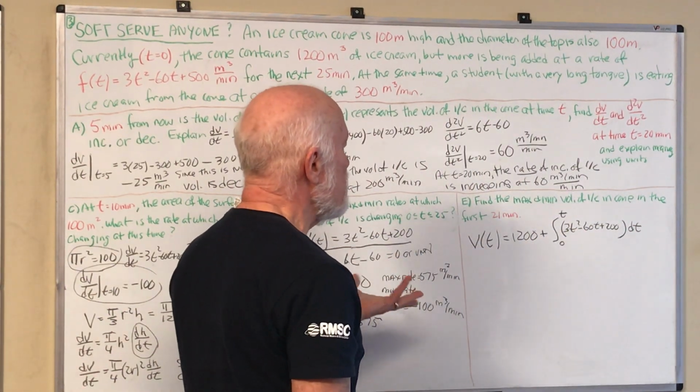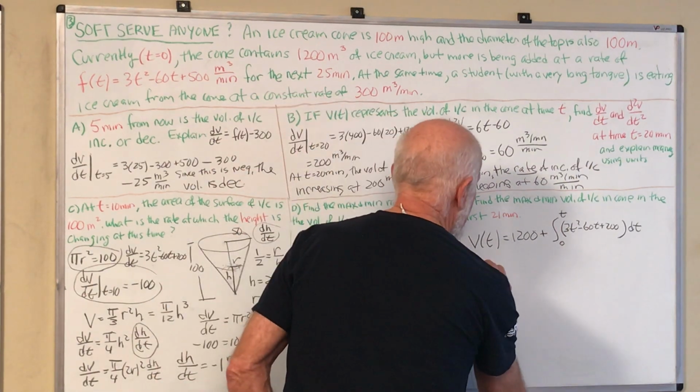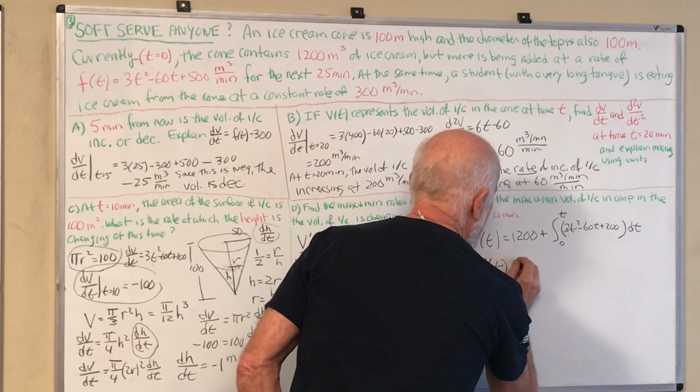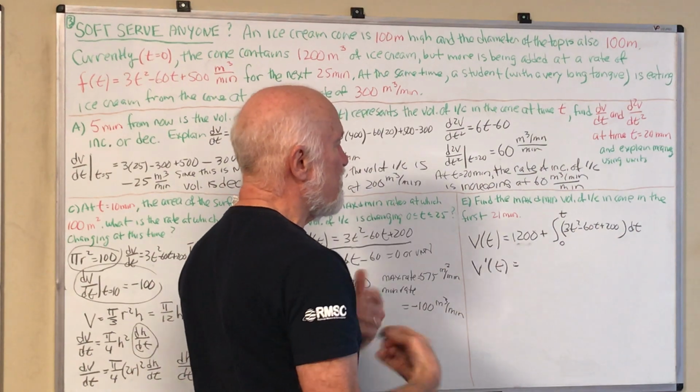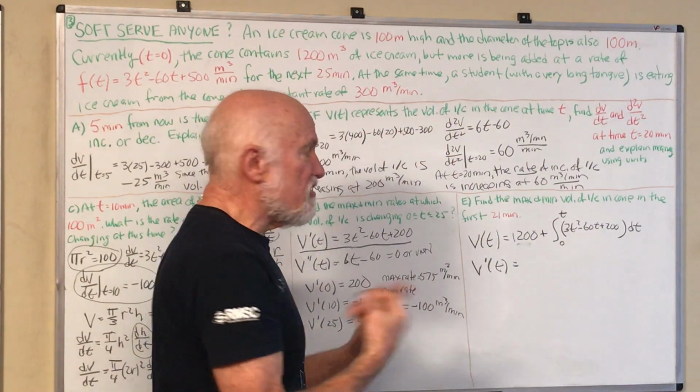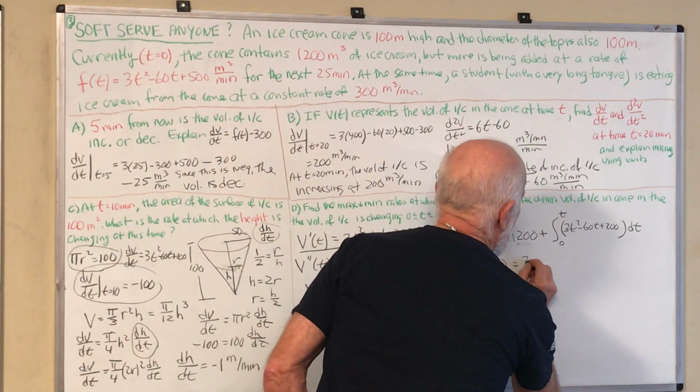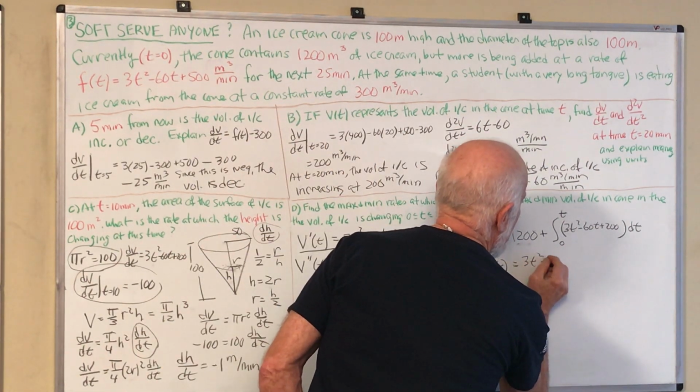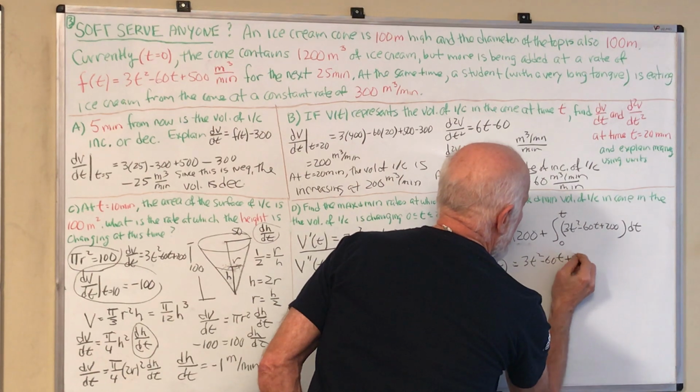And what am I going to do to maximize or minimize it? I'm going to take the derivative. Well, the derivative of 1,200 is 0, and the derivative of the antiderivative is just the function. So we just get 3t squared minus 60t plus 200.